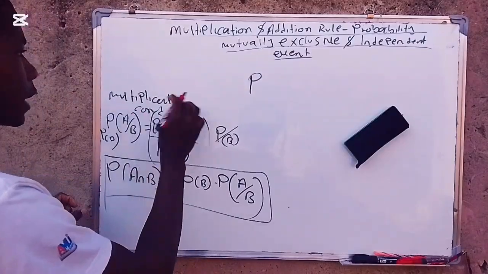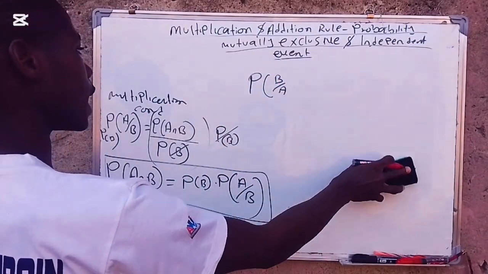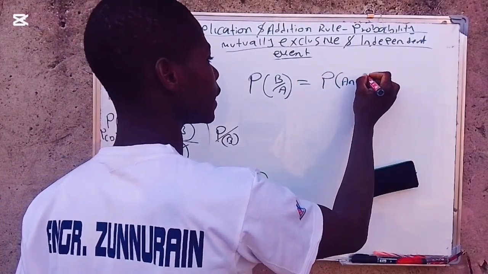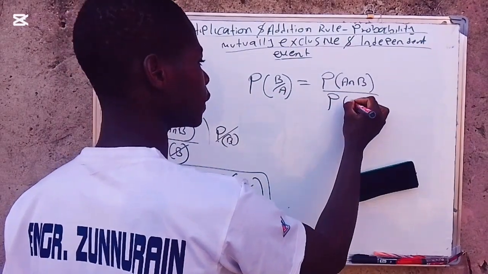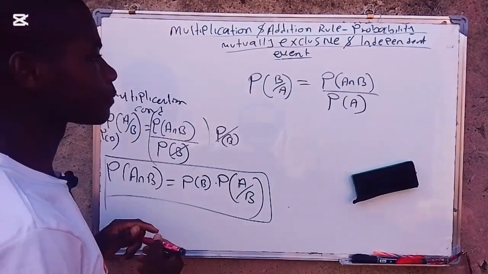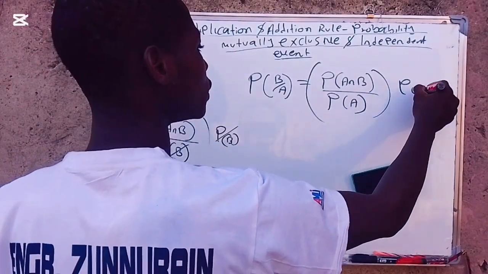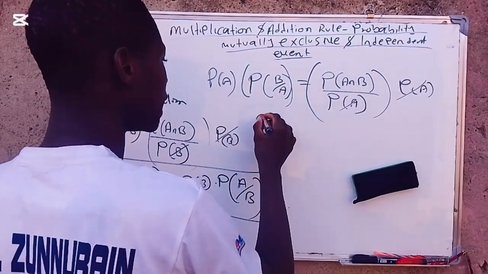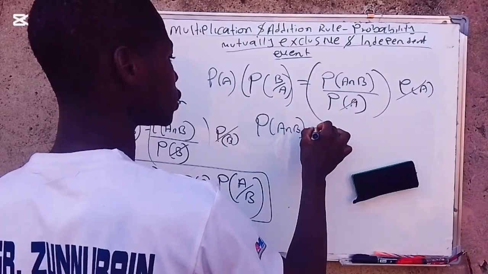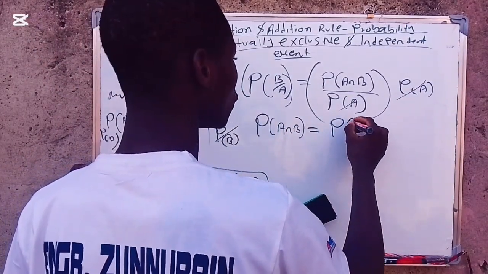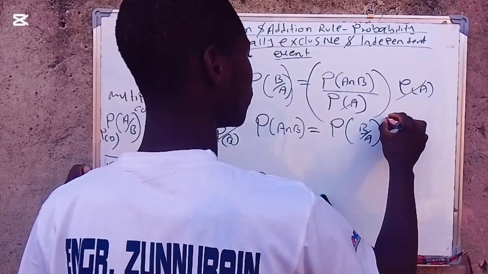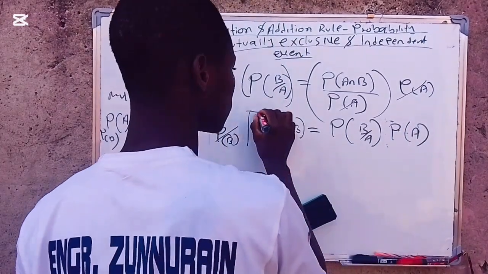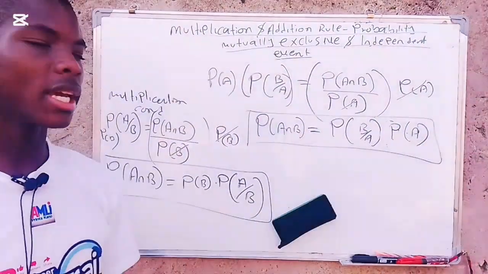Also, if this is interchanged, the probability of B given A will be equal to the probability of A and B divided by the probability of A. If I multiply both sides by the probability of A, this will cancel this, and therefore the probability of A and B should now be equal to the probability of B given A multiplied by the probability of A. So also here is another formula.